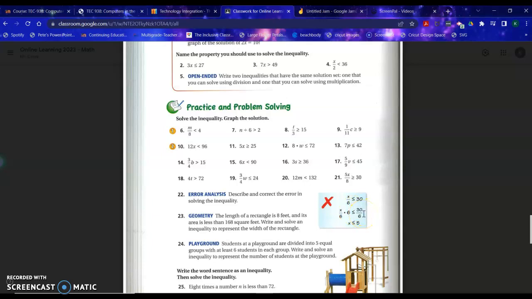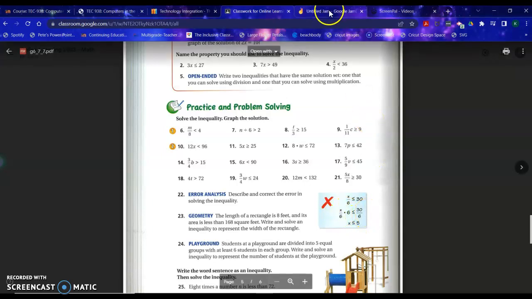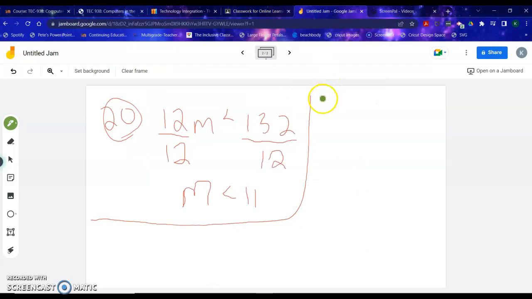But on this side, they divided it by 6. So they started off doing the right thing, but they switched it and did division here. What they should have done is multiply this side by 6, and then they also should have multiplied this side by 6.